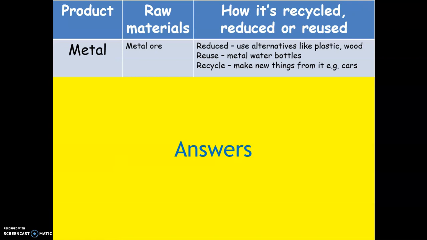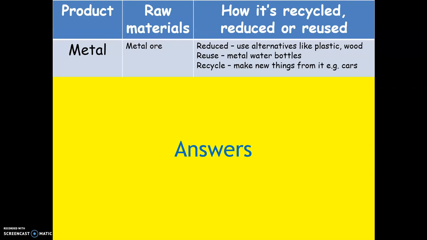So now that you've got the table into your books, what I want you to do is write in, from your own knowledge, discussing with the people in the classroom, what raw materials each product has, and then how you think it can be recycled, reused, or even possibly reduced in usage. With the example being for metal, the raw materials for all metals are metal ores that can be found underground.